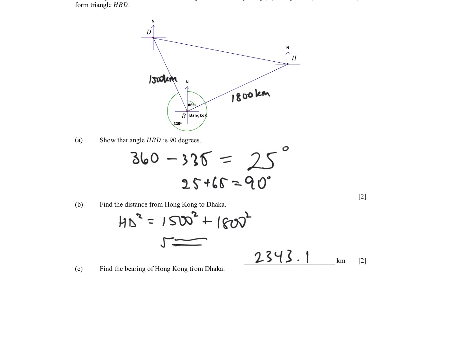If we're looking at Hong Kong, the bearing is from Dhaka, then the rotation is at point D. And that'll be from north, looking all the way around to the line that connects D and H. I'm looking this way at Hong Kong, right? But it's from Dhaka. So there's a couple of ways that we could look at this.